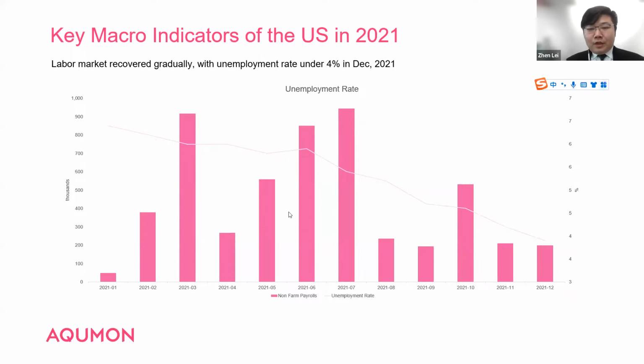And from the non-farm payrolls, we can see that in the first half of the year, the non-farm payrolls were quite good. However, they went down significantly in the second half of the year after the outbreak of the Delta virus. Therefore, there is still some risk there.